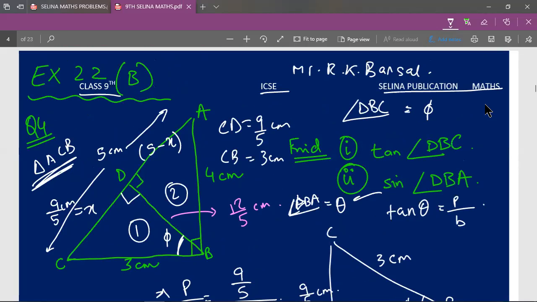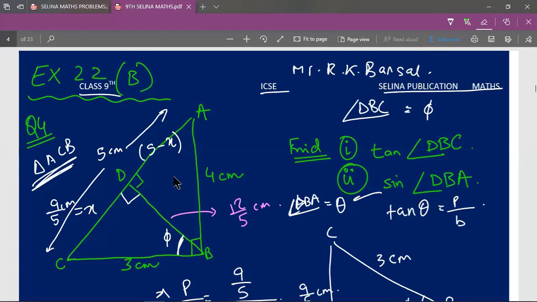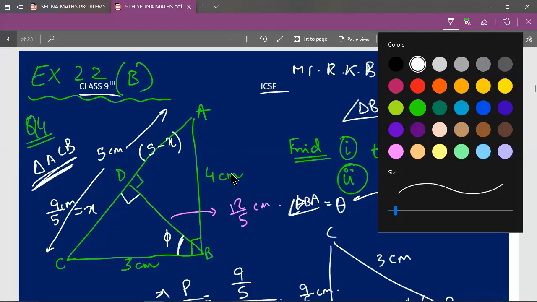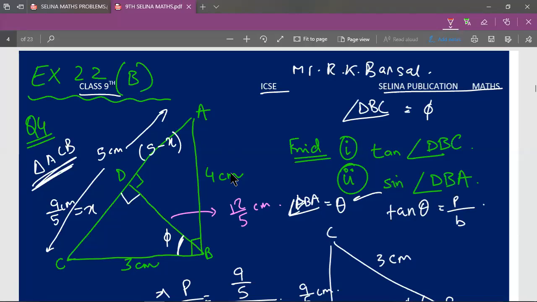I'll just clear up this mess. We'll find in the triangle ADB which is our angle DBA. Okay, so angle DBA, this is theta. We have assumed it as theta over here, and it is asking us what is sine theta.